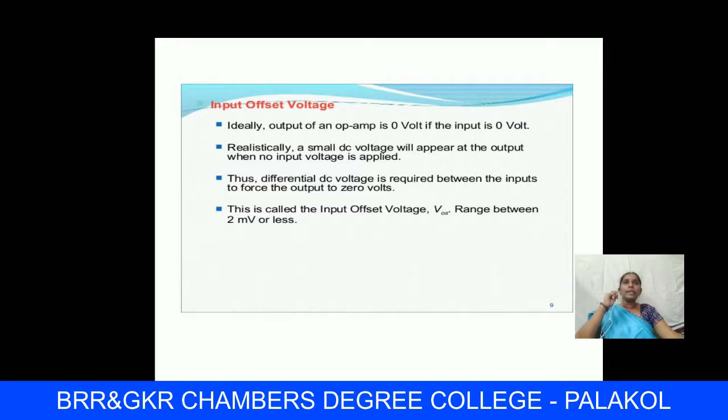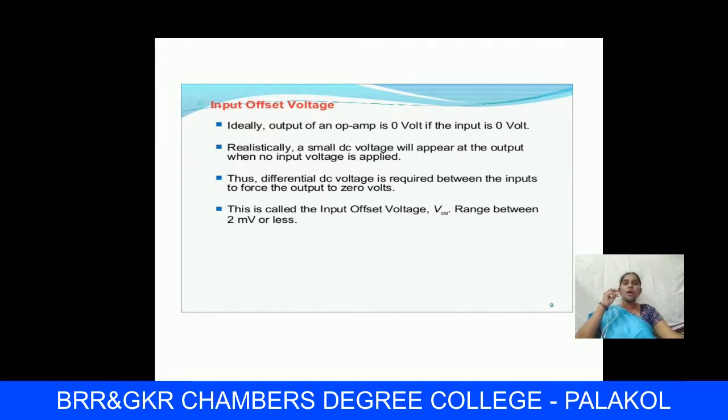So to get the output as 0 volts, some external DC voltage is added to the input voltage. How much DC voltage is added to get a 0 output?